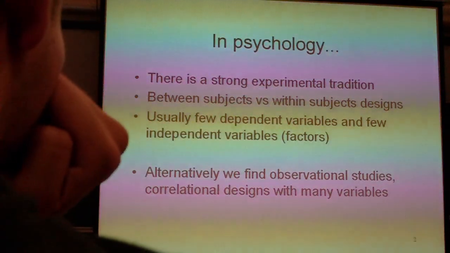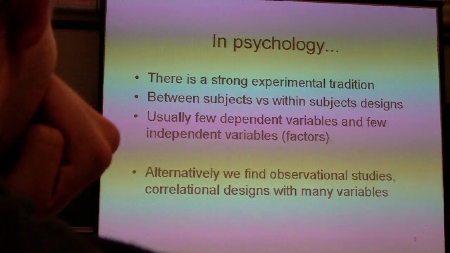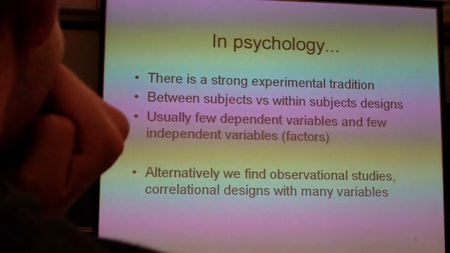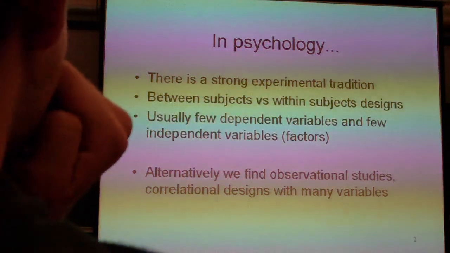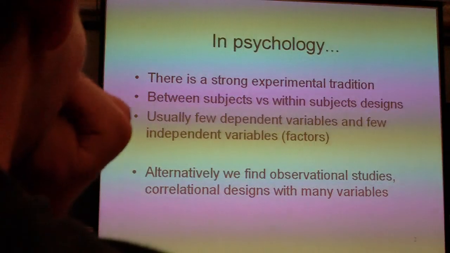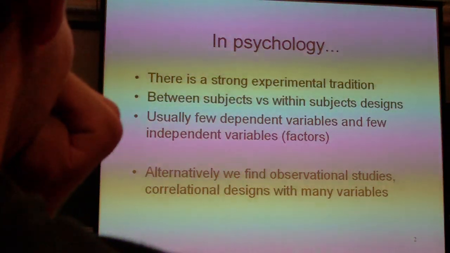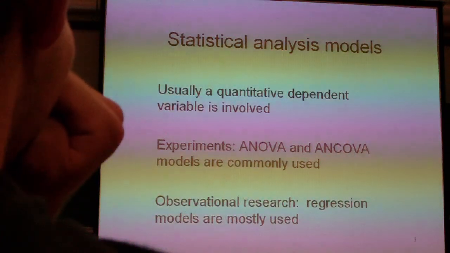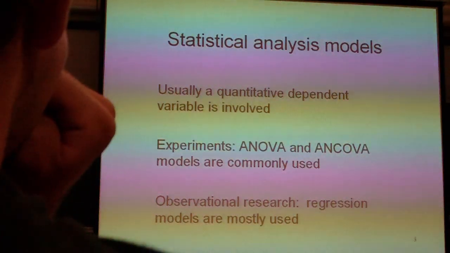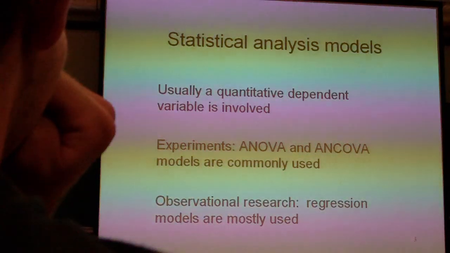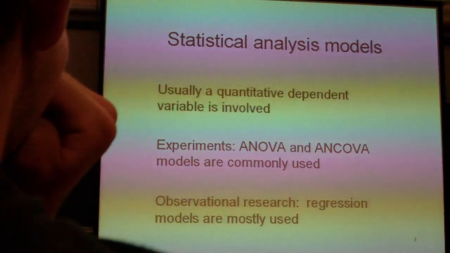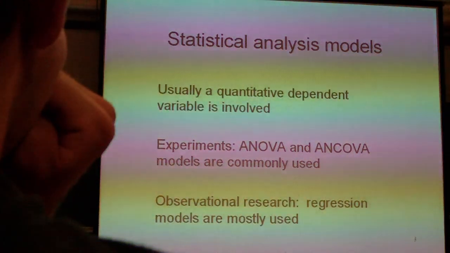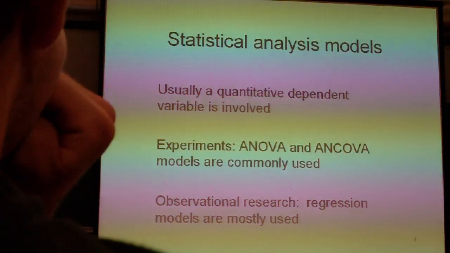Alternatively, we may be dealing with observational studies, relational designs, where we have a large sample of respondents, and we have a lot of measurement instruments, questionnaires and such for measuring our variables. When we are dealing with a quantitative dependent variable, then in the case of experiments, we're usually working with some sort of an ANOVA design, or a small extension of that known as ANCOVA, which we'll also be reviewing in the 4th week.